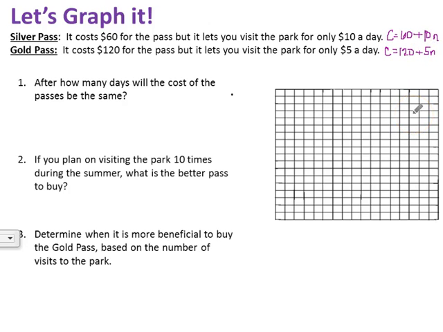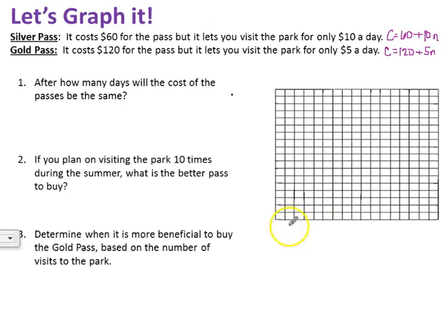My first question to you is, after how many days will the cost of the passes be the same? There is a point in the summer, after a certain number of days, that the cost would be the same for each pass. So how can we figure that out? Well, we can figure that out by graphing and looking where our equations intersect. So let's go ahead and graph our equations.